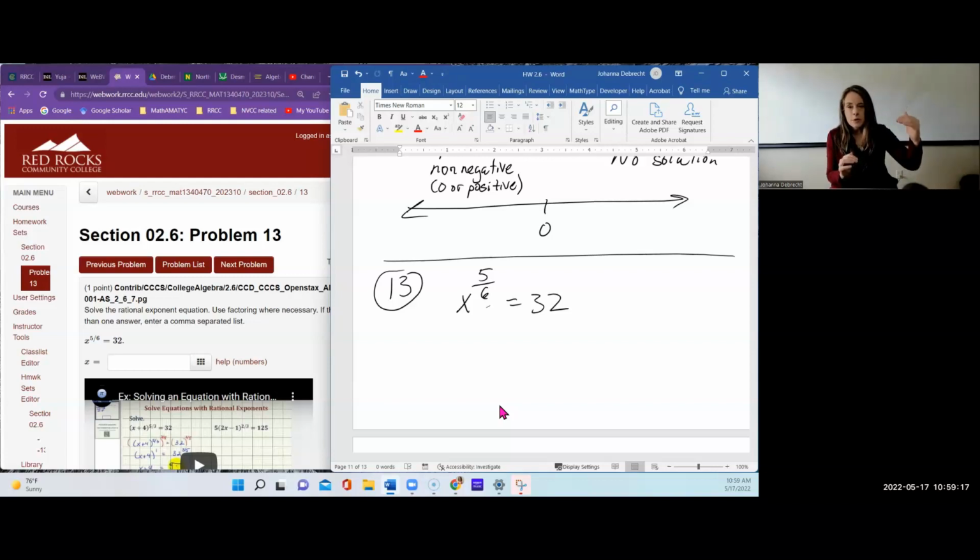The numerator, the 5, is a power like it always is. That's x to the 5th power. The denominator, however, actually represents a radical, in this case the 6th root. So what we actually have here is the 6th root of x to the 5th.